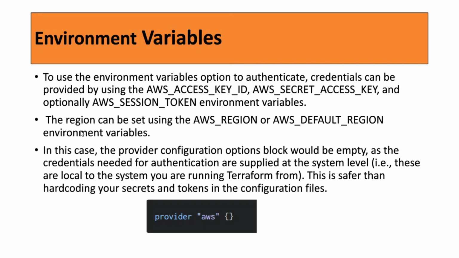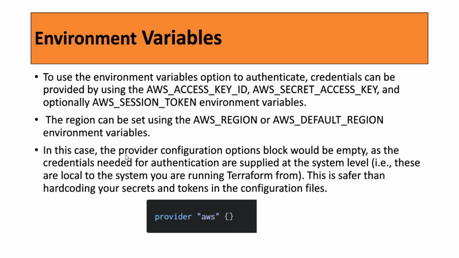This is similar to when you create any environment variable on your local system: you go to system properties, and from there you create the environment variables. We will see in the demo how we do this.